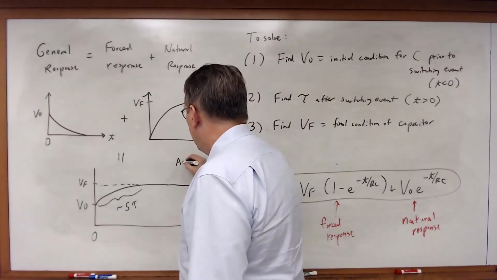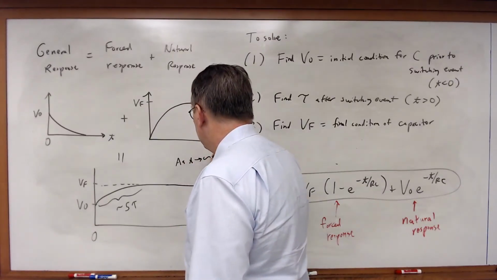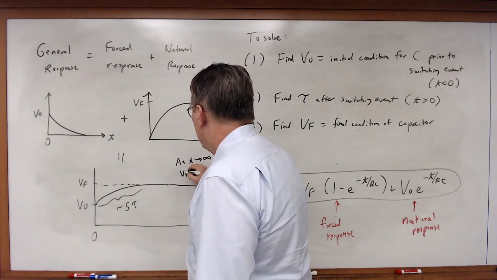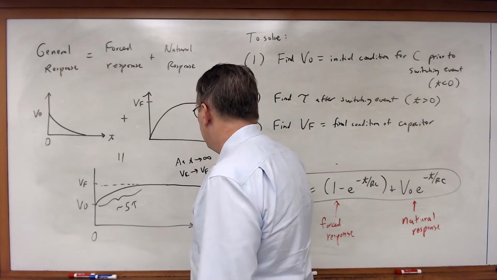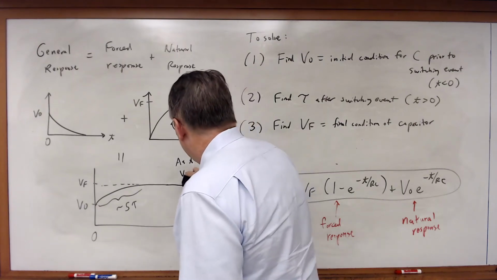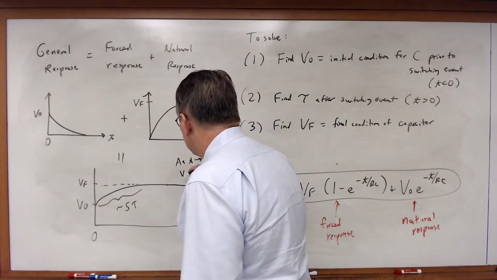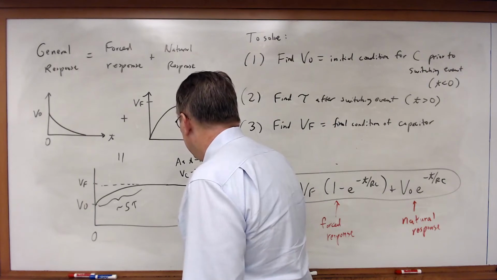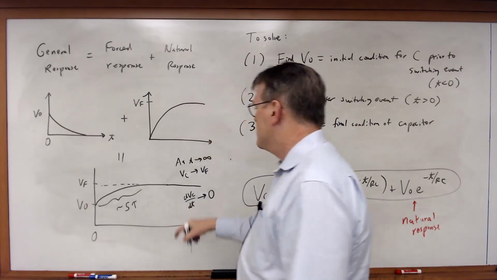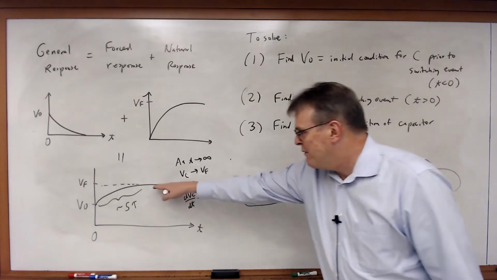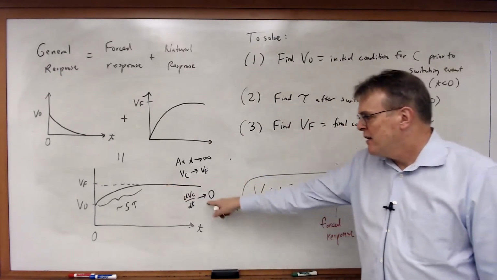So as t goes to infinity, VC goes to VF, and something else important happens too. dVC/dt also goes to 0. It flattens out, it quits changing.